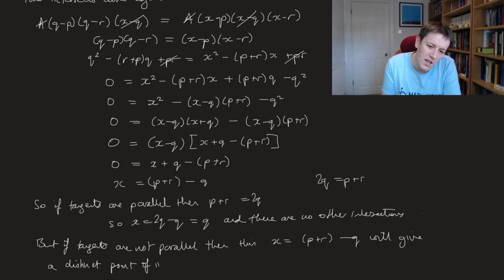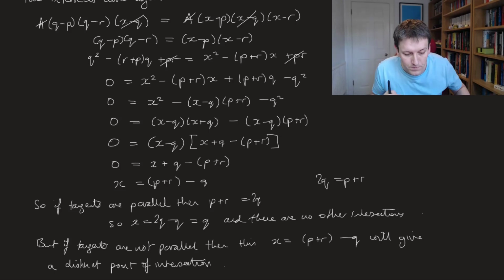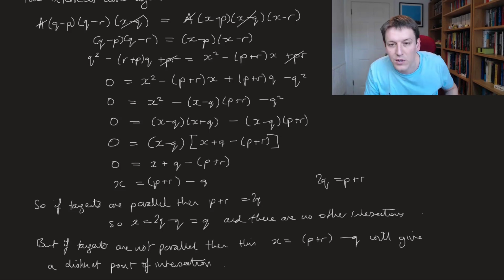Okay, and that's all we wanted to show, that if the tangents are parallel, we just get this one point of intersection. If the tangents are not parallel, then we get some other point of intersection. So we've proved the if and only if statement there as well.